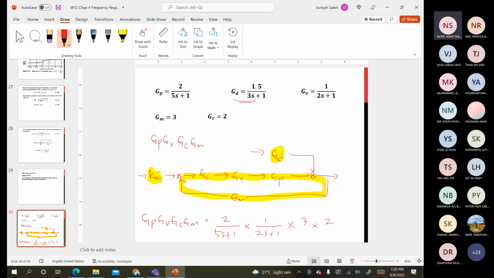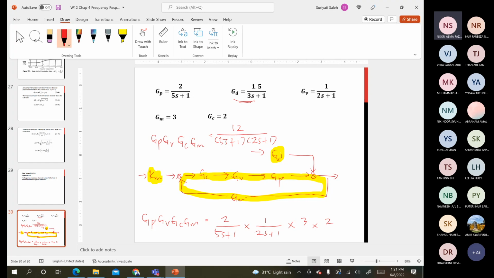Based on this, 2 multiplied by 3 is 6, 6 times 2 is 12. So in total you get GP, GV, GC, GM equal to 12 over 5s plus 1 times 2s plus 1. We just use GP, GV, GC, GM because they are in the loop.